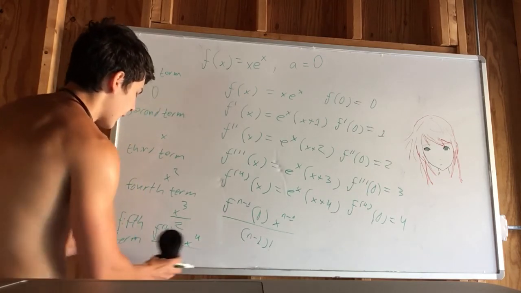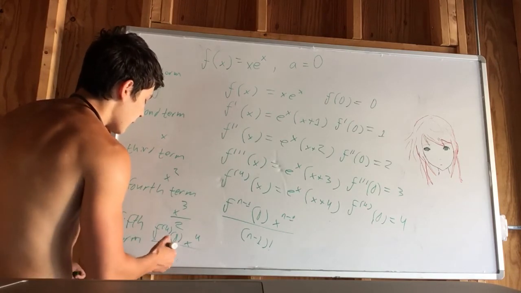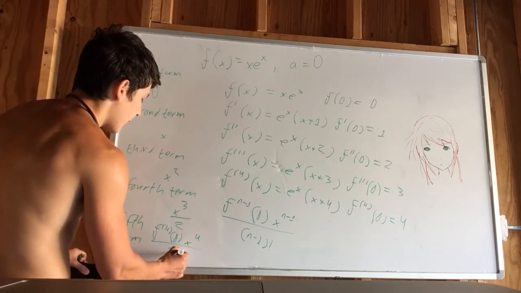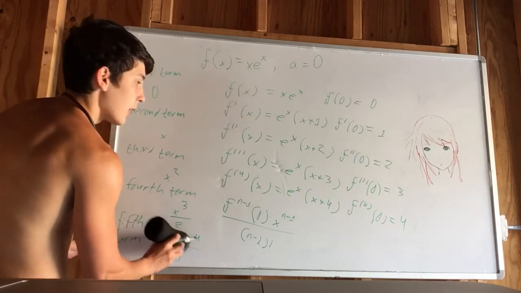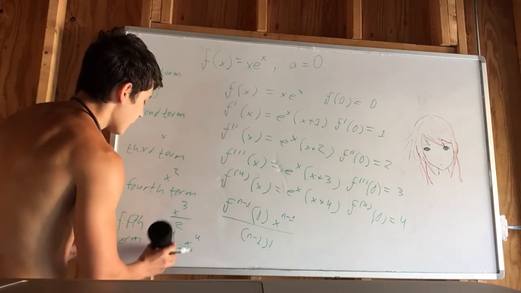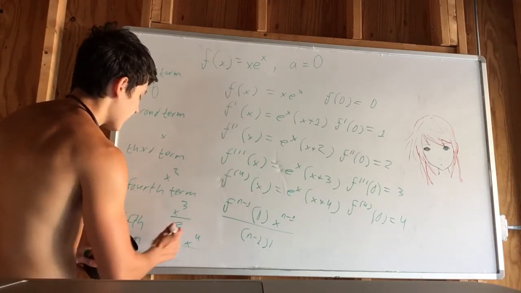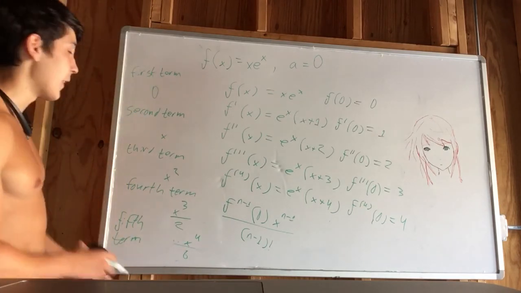What's 4 factorial? That's 24, because that's 4 times 3 times 2 times 1, which is 12 times 2, which is 24, right? 24, and we found out what that was over there, so this is 4. That gives us 4 over 24, which is 1 over 6. So x to the 4th over 6 is our 5th term.